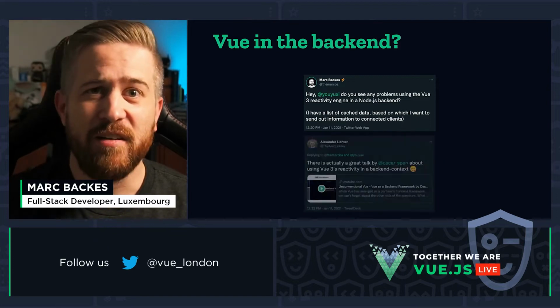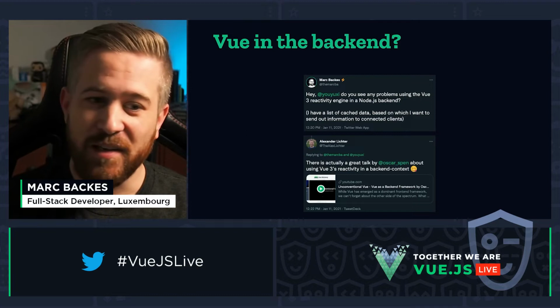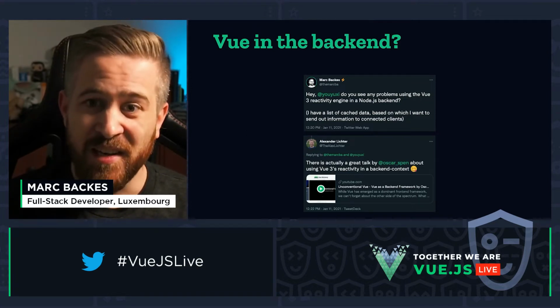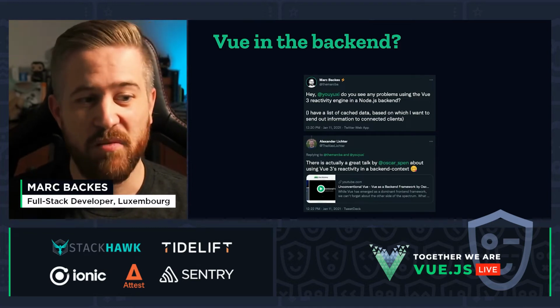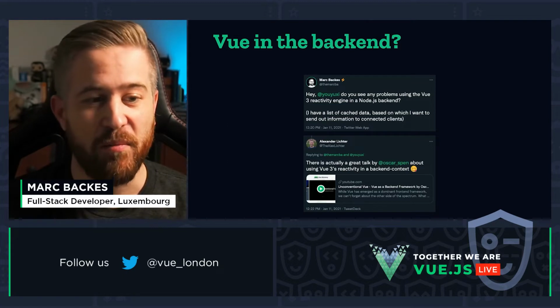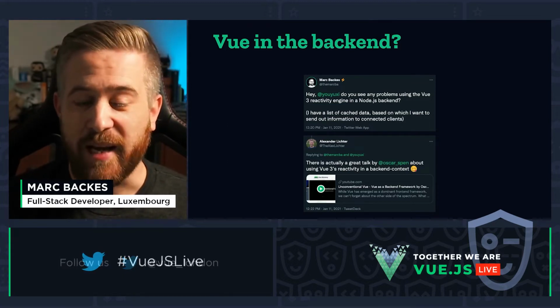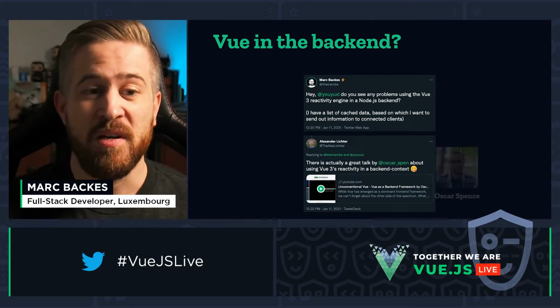I got another reply from Alexander Lichter. He pointed me to a talk by Oscar Spence at VueConf US. He wrote, this totally great talk by Oscar Spence about Vue 3 reactivity in the backend context, which was exactly what I wanted to do.